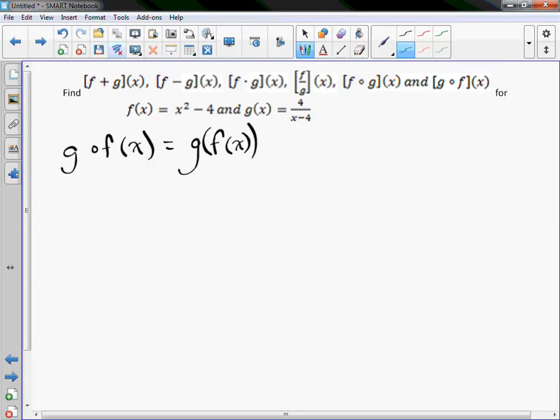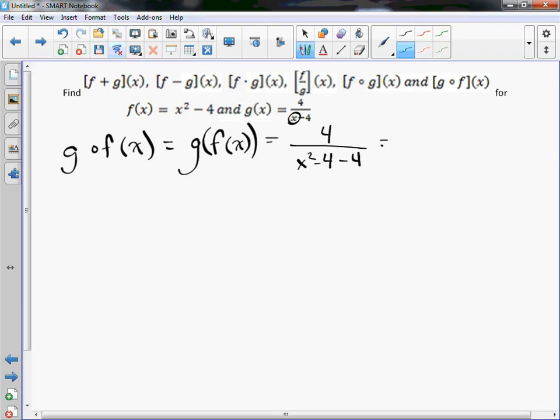So that means put the F function in wherever there's an x on the G function. This one actually looks like it'll be a little less complicated. And I say that, we'll find out when we get into it, I guess. So we're going to put this x squared minus 4 in where there's an x in the G function. So right down here, we should have 4 over x squared minus 4, minus 4.